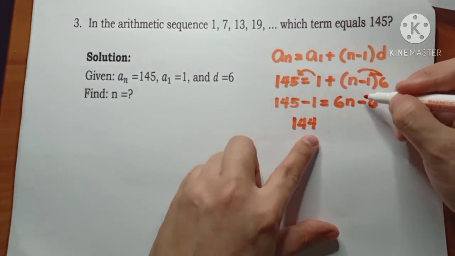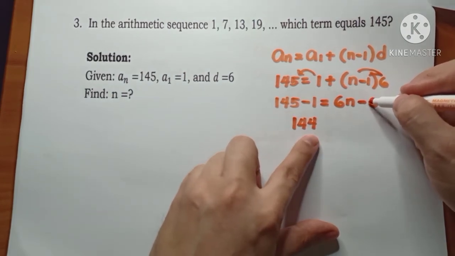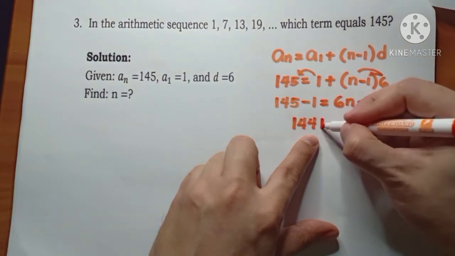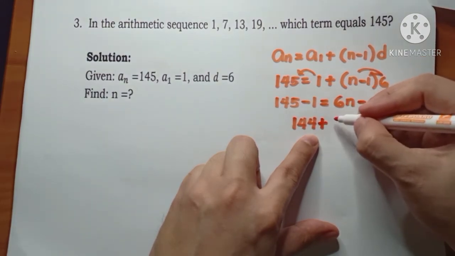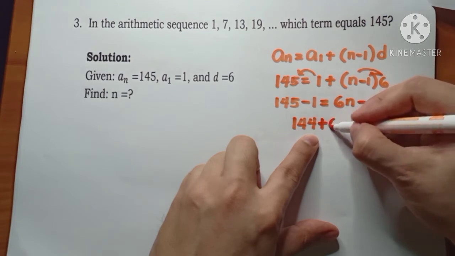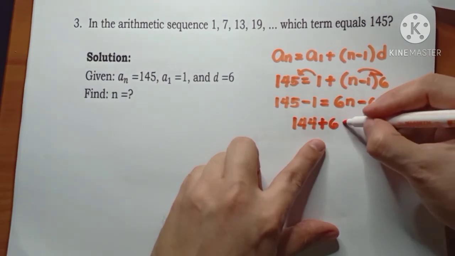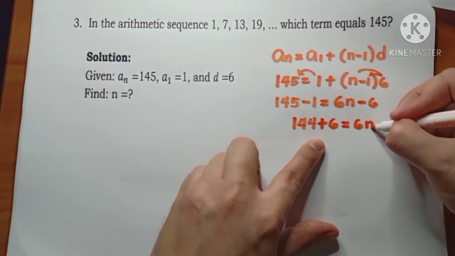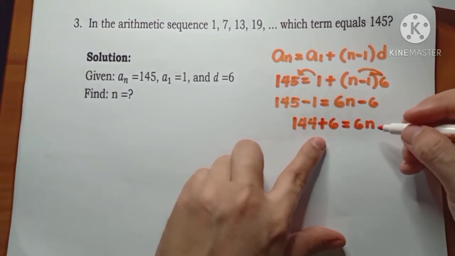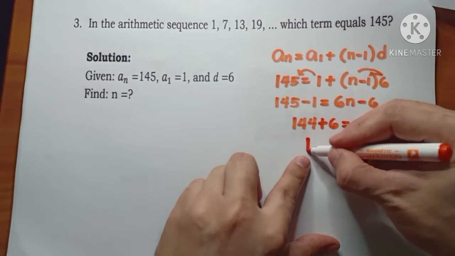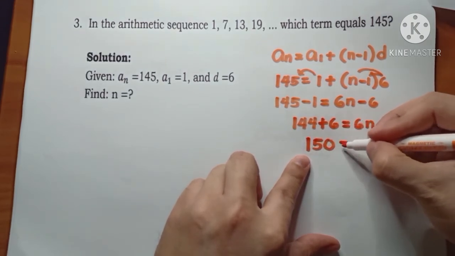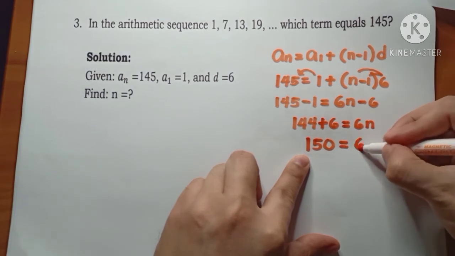And then, ilipat naman natin yung negative 6 sa kabila. So, magiging positive 6. Is equal to 6n. So 144 plus 6 is 150 is equal to 6n.